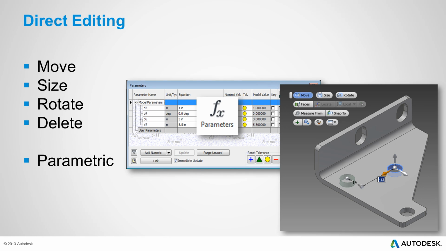The direct editing environment works in conjunction with the parametric environment, in that changes that you make will update the parameters underlying the architecture of the features themselves. So the direct editing environment blends very, very well with the parametric environment.